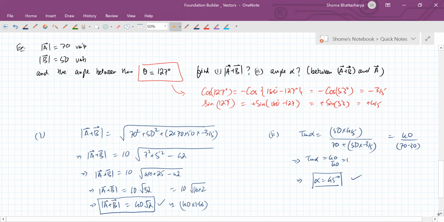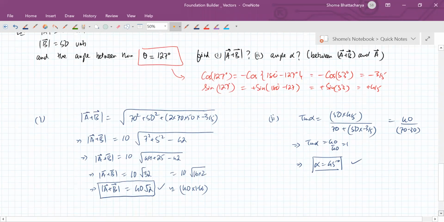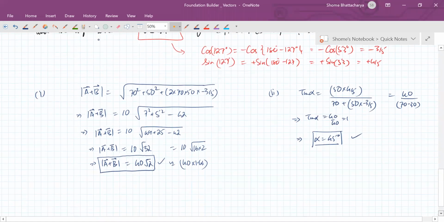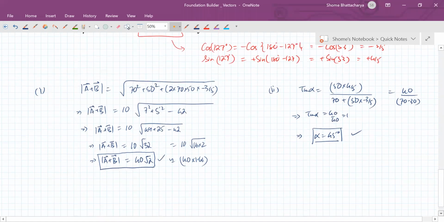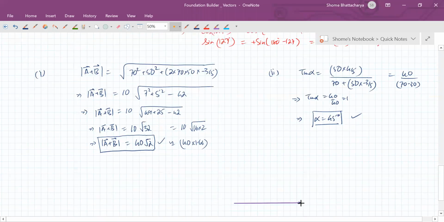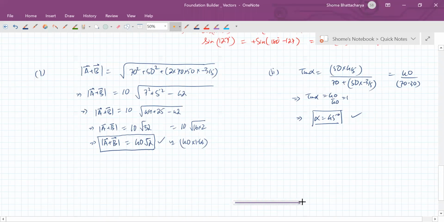Basically, when you try and visualize this triangle, the problem is solved, but still just to understand it, you can visualize the triangle and you will see that it looks like this. This is 70, then at an angle of 127 degrees to it, you have something like this. This is the vector A, its magnitude is 70.